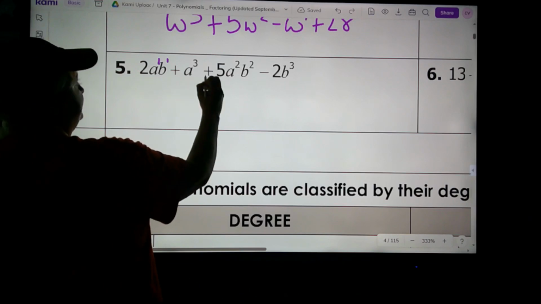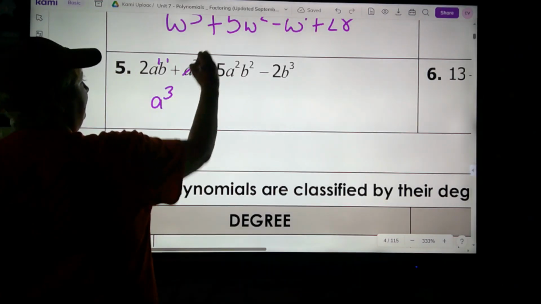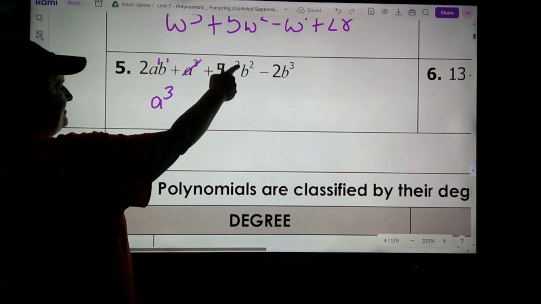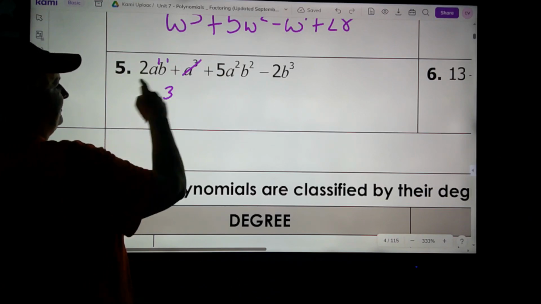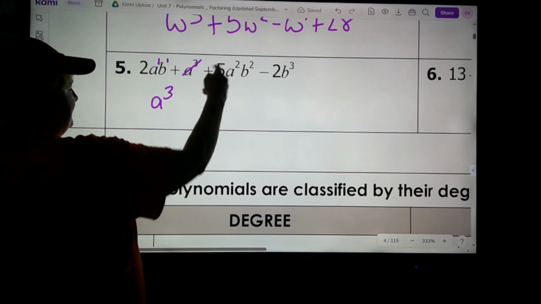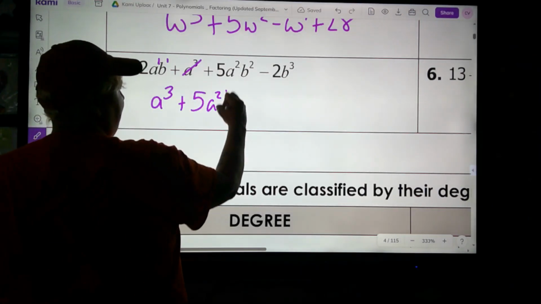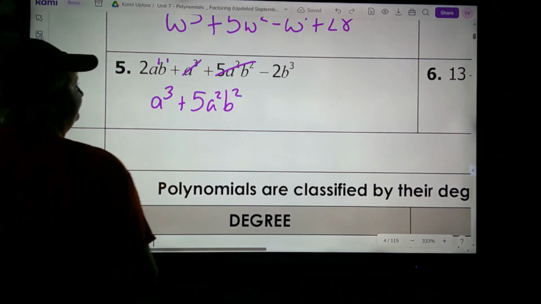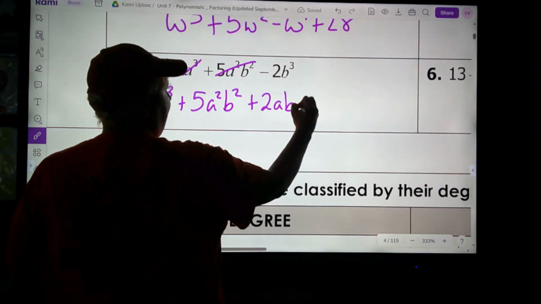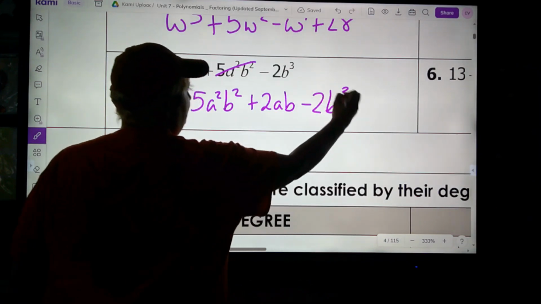Alright, so highest exponent first. A comes before B, so a cubed, and then a to the first or a to the second. Highest exponent first, but then you have to look at AB. A to the second comes next. So plus 5a squared b squared, then 2ab, then minus 2b cubed.